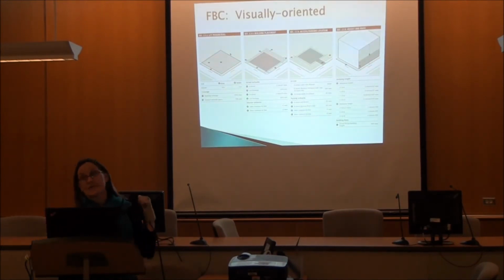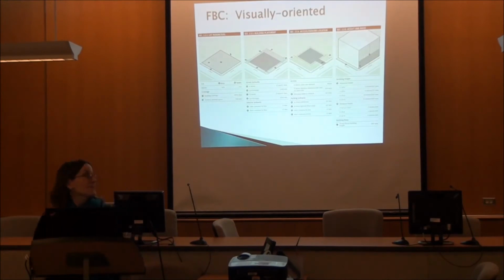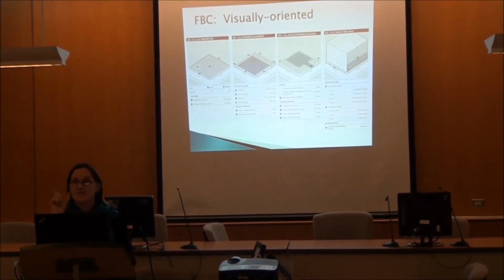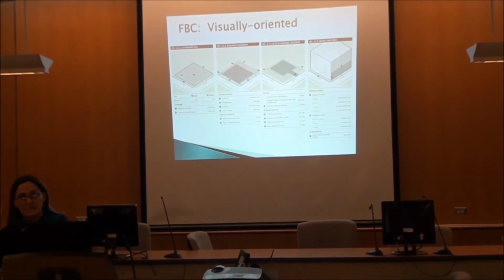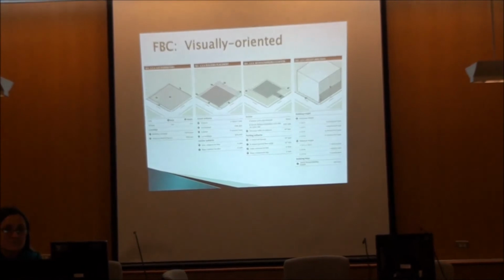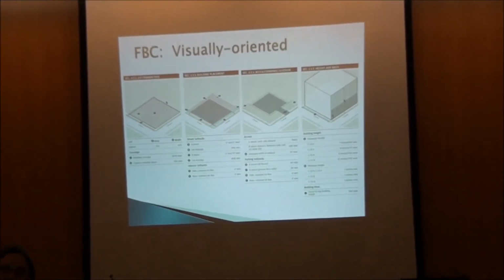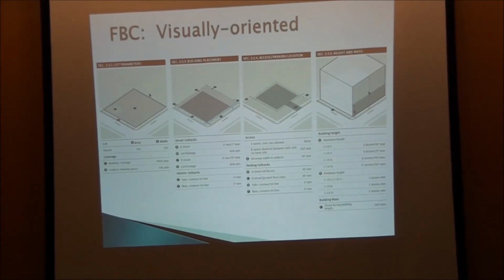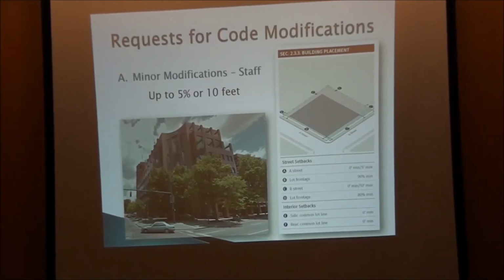This one is mostly diagrams. So this is what one of the pages out of the new code looks like. You'll have some very simple text, like your setback is X, your building height is Y. And then you'll also have some illustrative diagrams that help explain all of those things. So we think it's going to be a lot easier for you to use, for one thing.